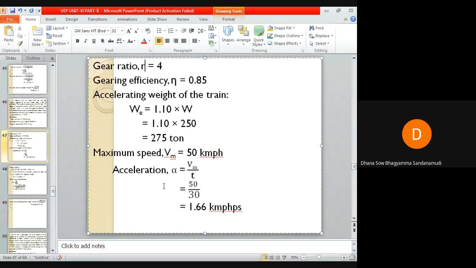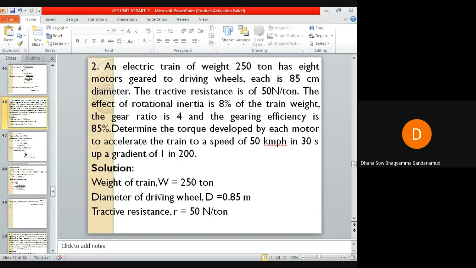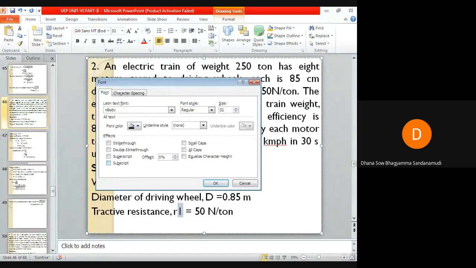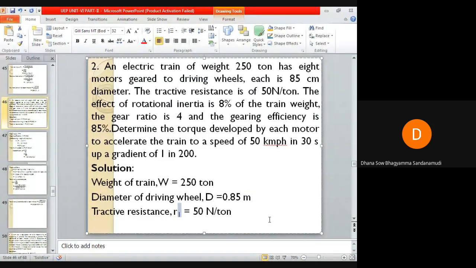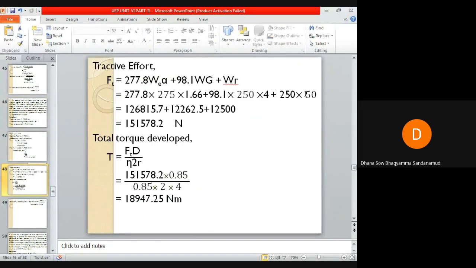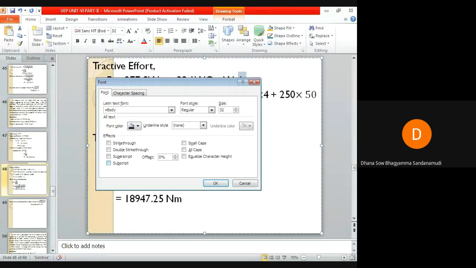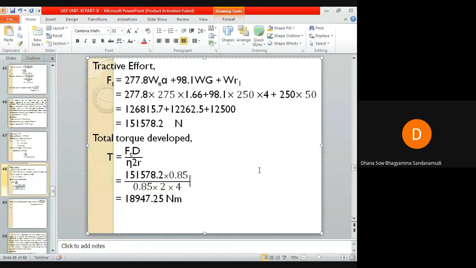And for the resistance, I will once again consider R1, so that it will be easier to distinguish between these two. So here I will write R1. If you have written R, you just change it. You can use A, B, C, D, E, F, G, H, it doesn't matter.